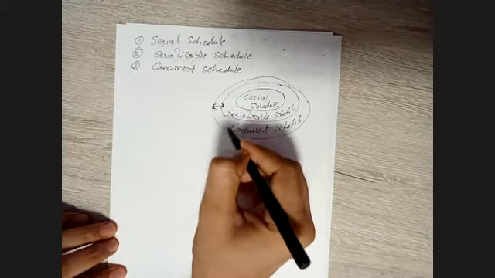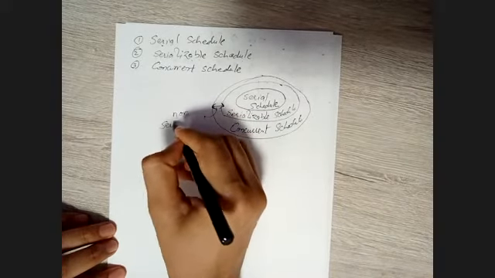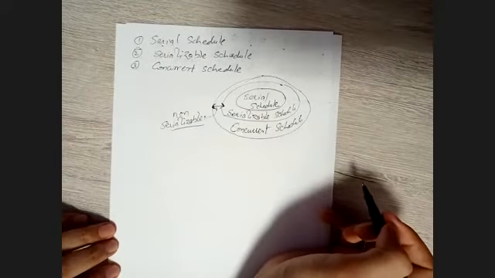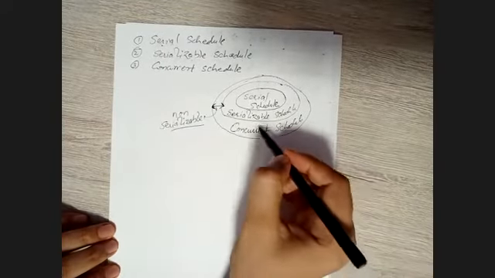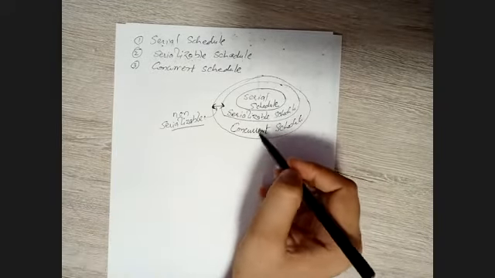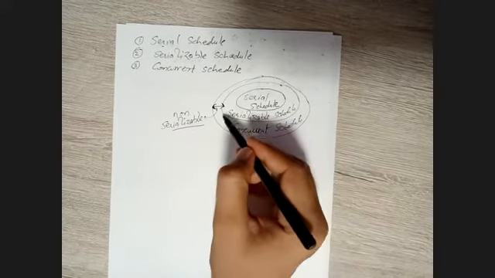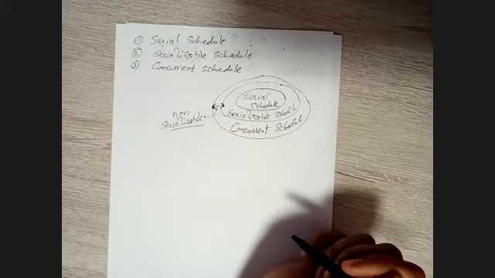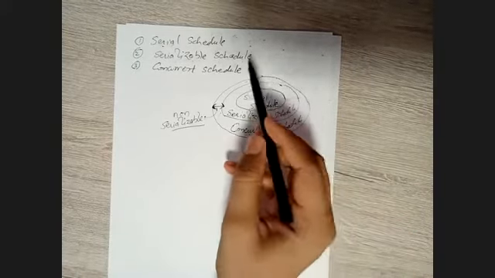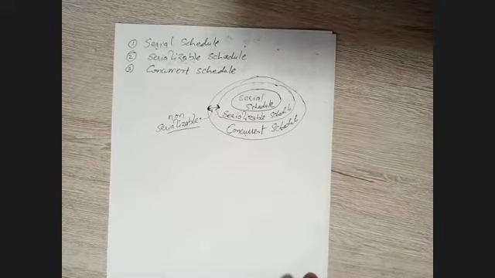These schedules are non-serializable. Which means these are those schedules which cannot be serialized, so for the concurrent schedule, there exists no serial schedule. So this is the hierarchy we can understand about all of these three schedules. Right? So far so good.